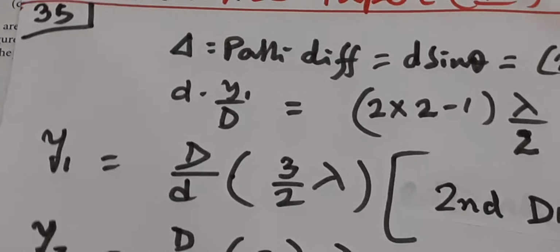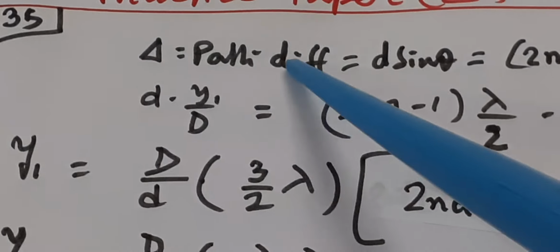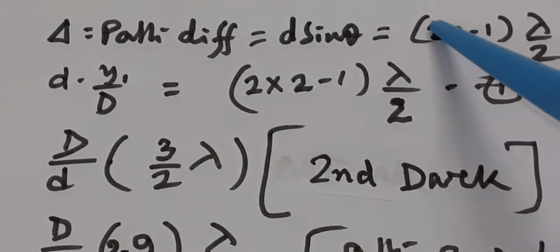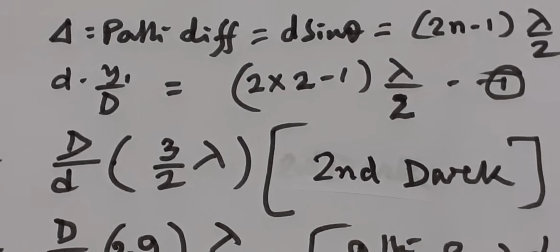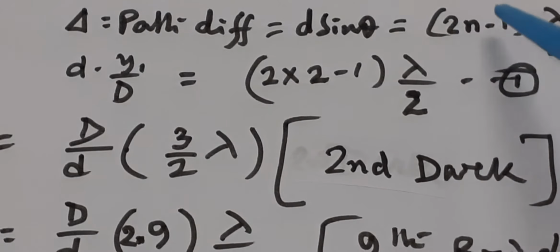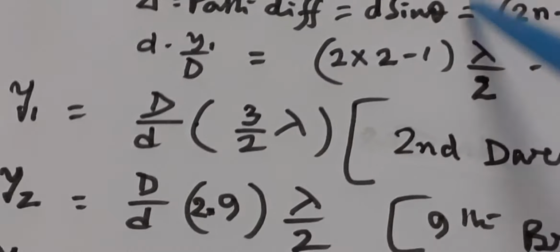We know path difference delta is d sin theta. That is equal to, if it is an odd multiple, I mean 2n minus 1 into lambda by 2, it is for dark. If it is bright, then 2n into lambda by 2. We can take that expression.